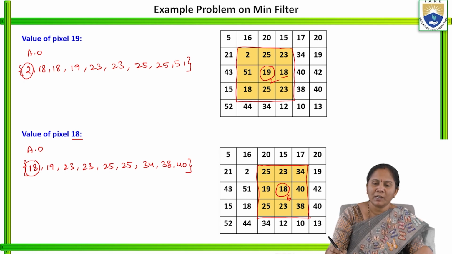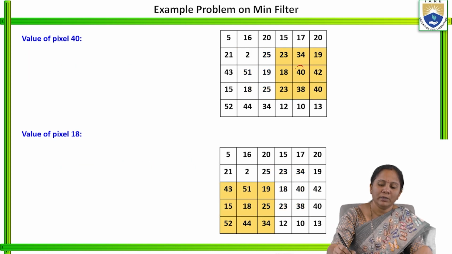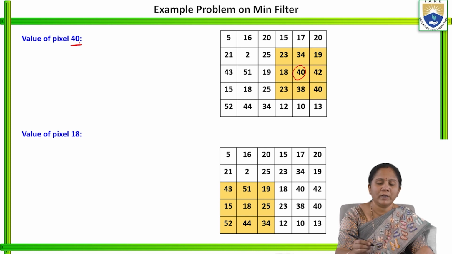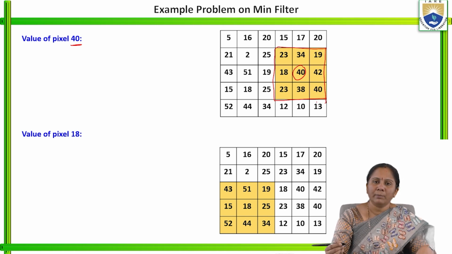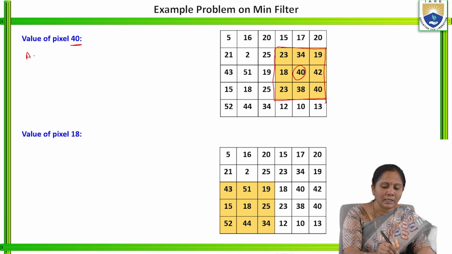If we shift this mask towards the right, this 40 will become the center pixel value and the image will be looking like this. So for this 40, we have to find the new value. Considering this 40 as the center pixel, all these pixels will become the neighborhood pixel values. Arrange them in the ascending order.